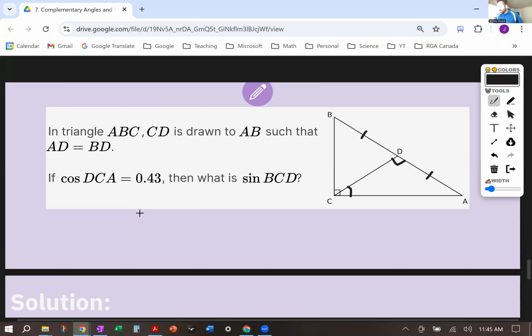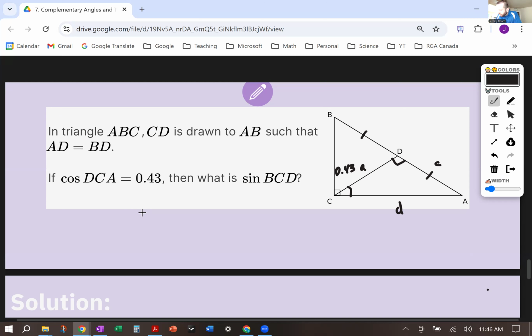That's this one. Cosine is adjacent over hypotenuse, which is going to be little d, and this is little c. So 0.43 is adjacent over hypotenuse. This one might be one of those that we have to memorize.